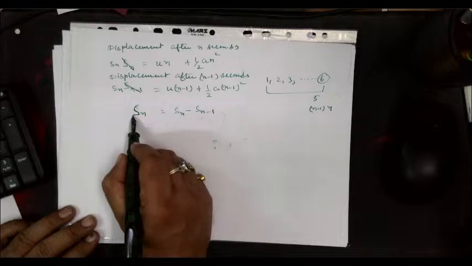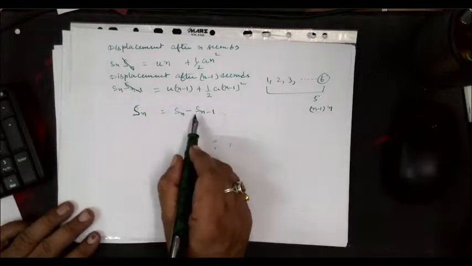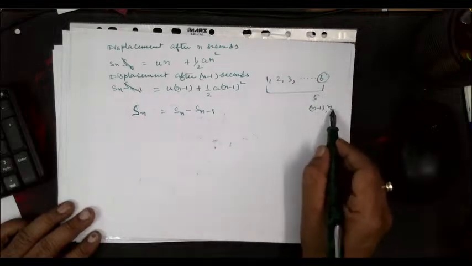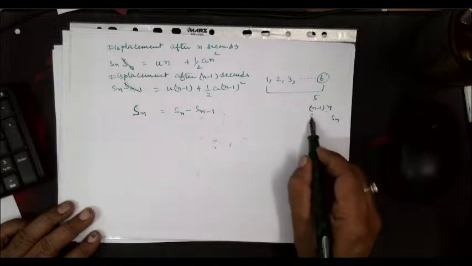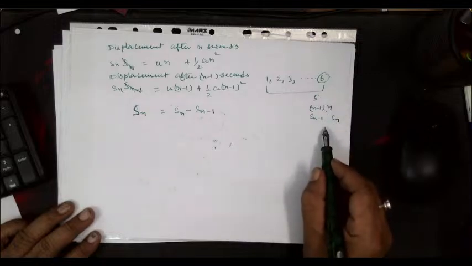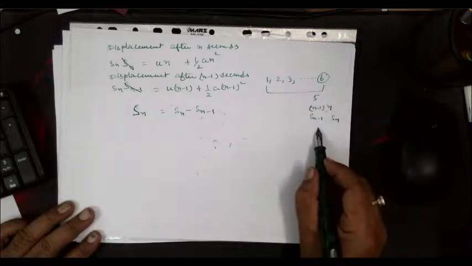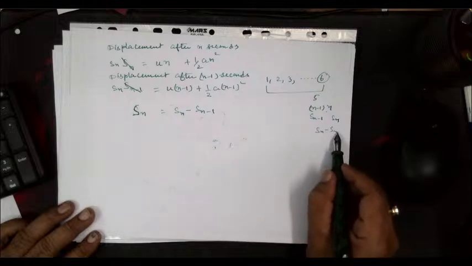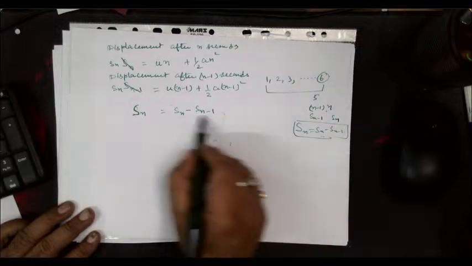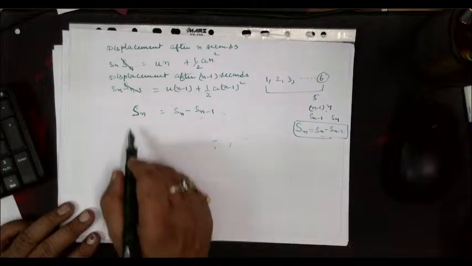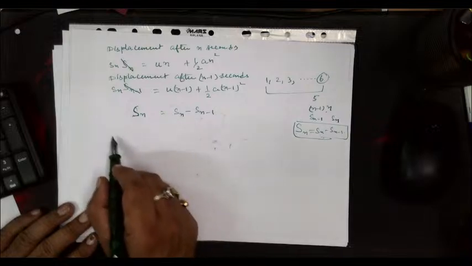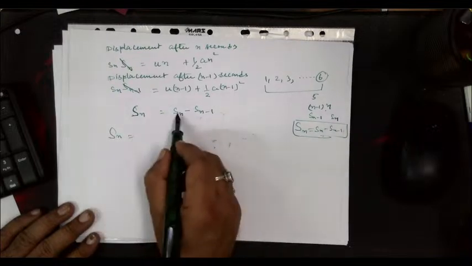So sn is equal to Sn minus Sn minus 1. So that means if you want to analyze in the nth second, let me say this is Sn, this is Sn minus 1, and the nth second means that is Sn minus Sn minus 1. Do you understand this? That's what I have taken here. So we can apply the same formula. Let us substitute.